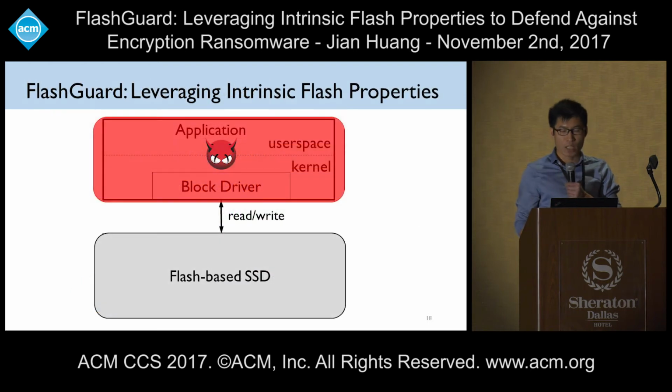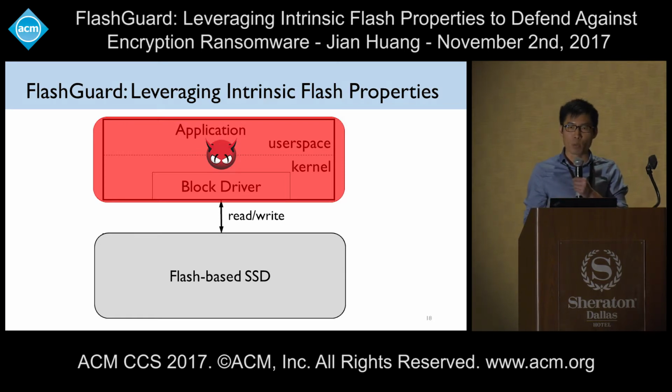So in FlashGuard, we leverage the intrinsic flash properties to defend against encryption ransomware. Instead of trusting the operating system, we trust the SSD firmware, for two reasons. The first is that the SSD firmware is implemented in the flash controller, which is hardware-isolated from the ransomware processes. The second is that, compared with the OS kernel, the flash firmware has a much smaller trusted computing base, which means it's less vulnerable to malware attacks.